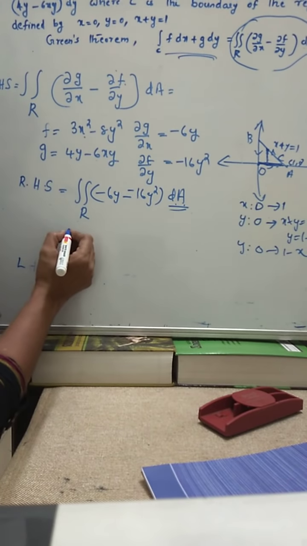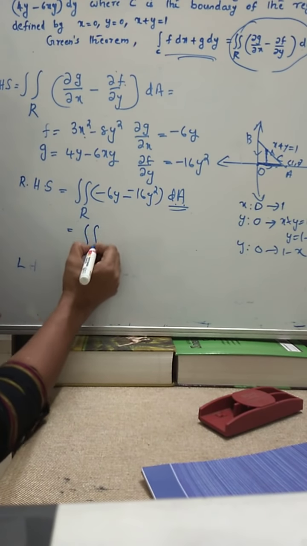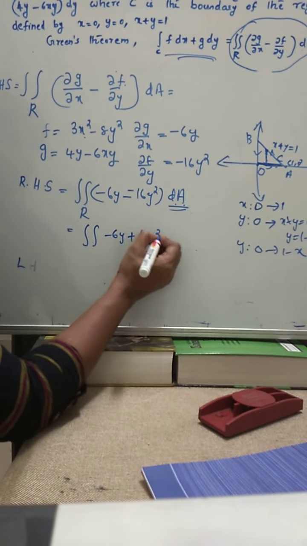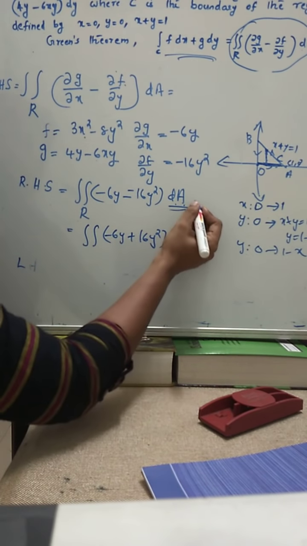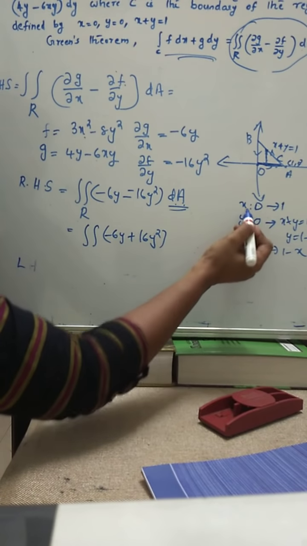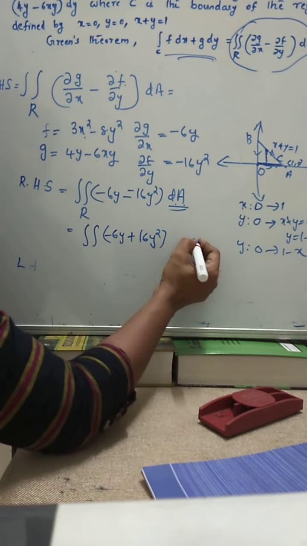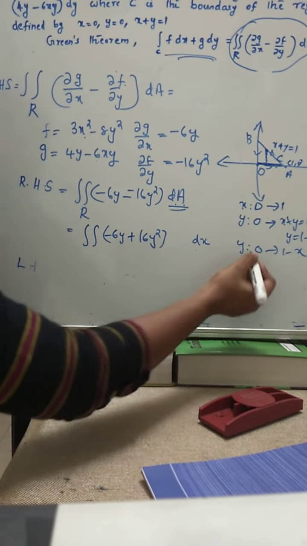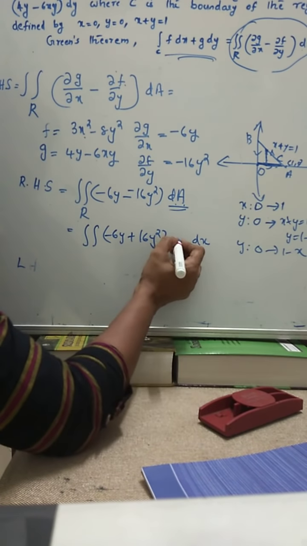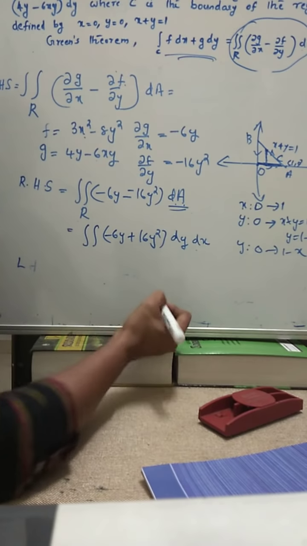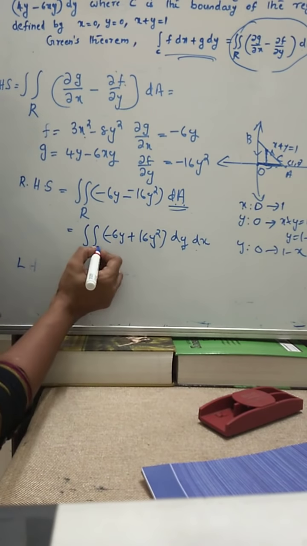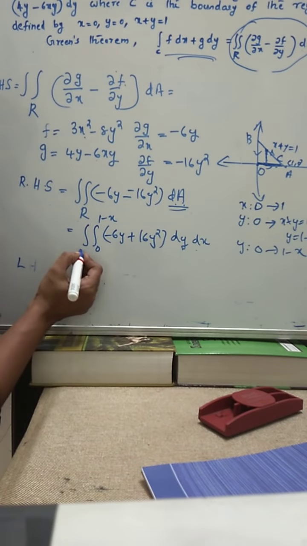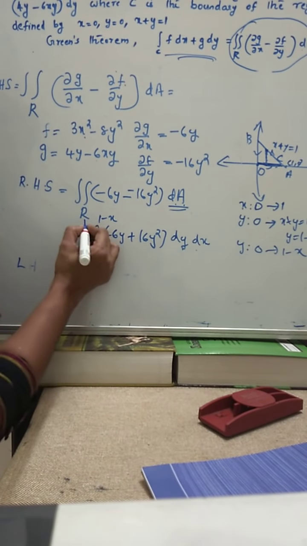So our integral becomes integral of minus 6y plus 16y dA. We take dy dx, as x has the constant variation and dx is done last, and y has the function variation, and y varies 0 to 1 minus x, and x varies 0 to 1.